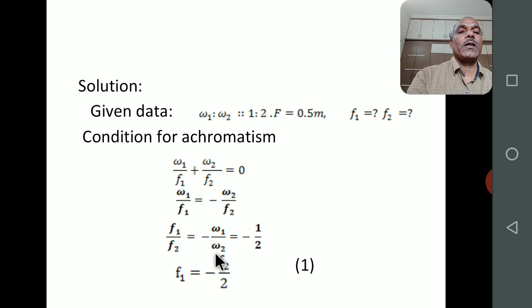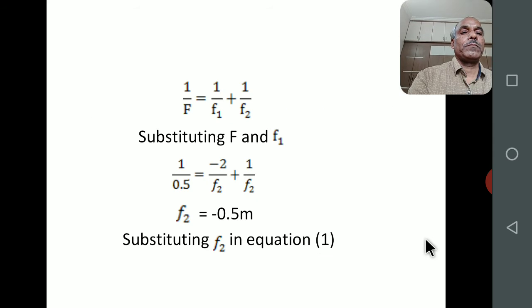Now substitute the values of omega 1 and omega 2. They are 1 and 2. You will get F1 by F2 is equal to minus 1 by 2. So on cross multiplication, you will get F1 is equal to minus F2 by 2. Let us call this equation number 1.